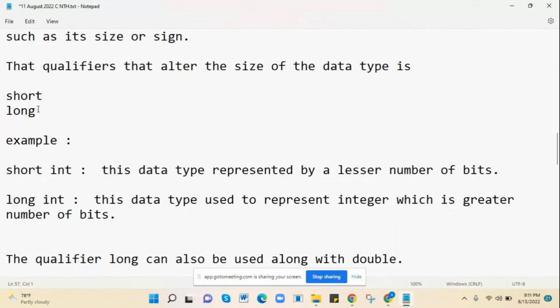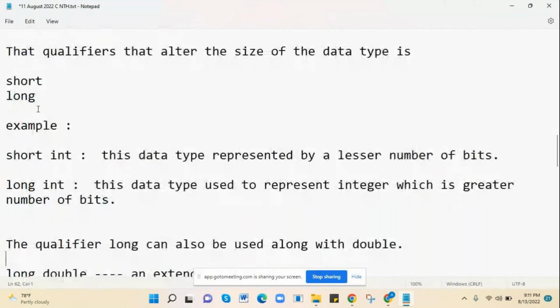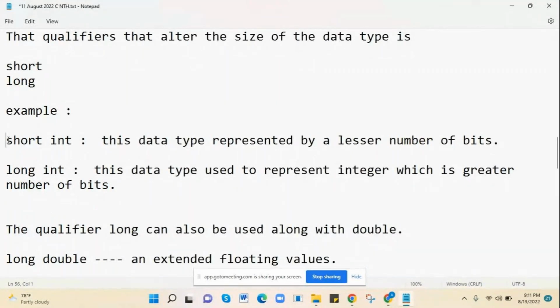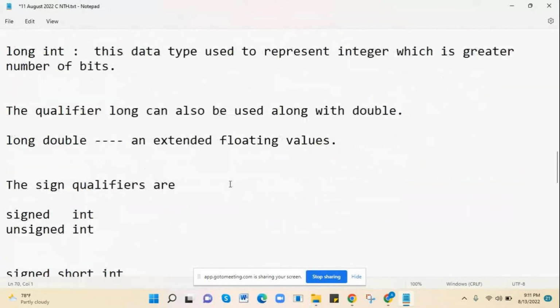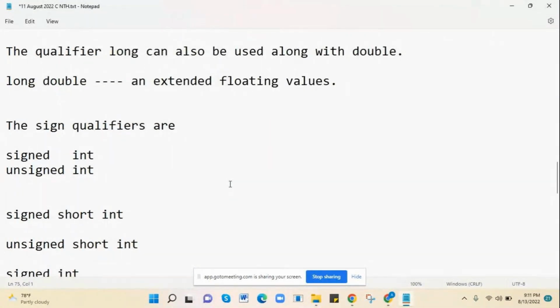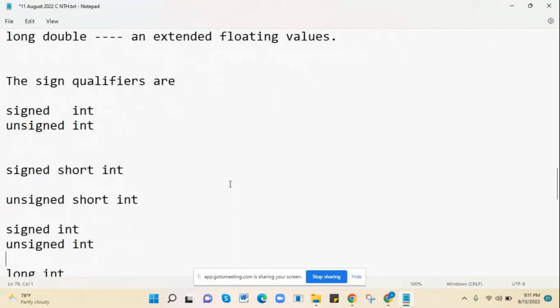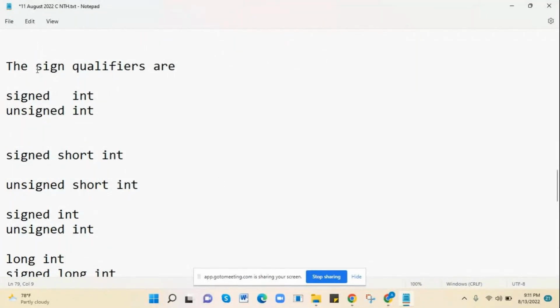If you are using short, you can use a lesser number of bits. Long means a greater number of bits. And we have signed qualifiers also. Signed int and unsigned int.